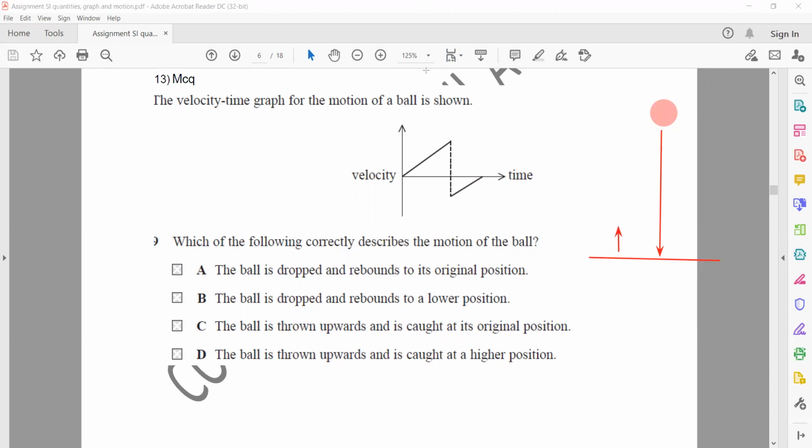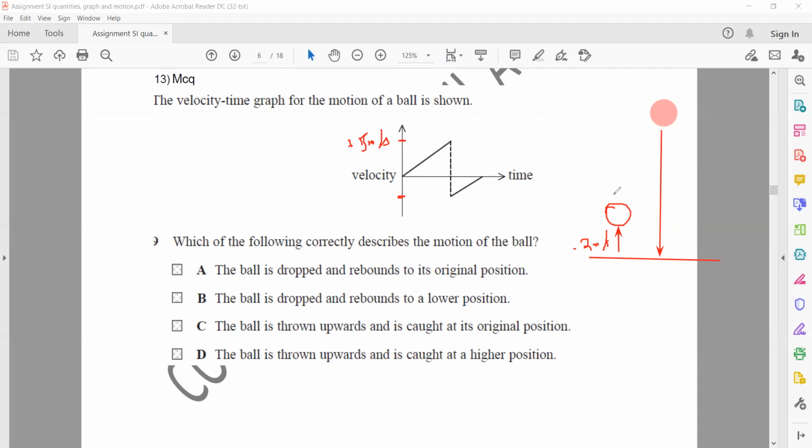As you can see, initially when it hits the surface, it was a higher velocity, for example, say plus 5 meter per second. But when it bounces back, because it will lose some of its energy during the impact, it bounces back with a velocity lower than what it hits. So the ball is dropped and rebound to original position.